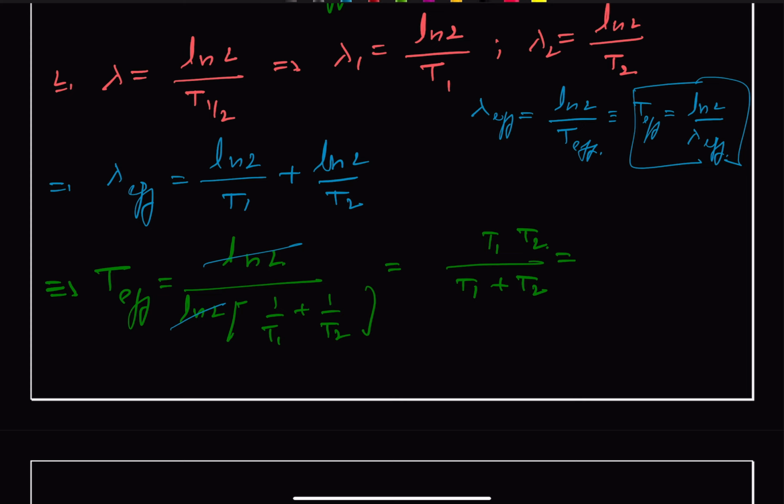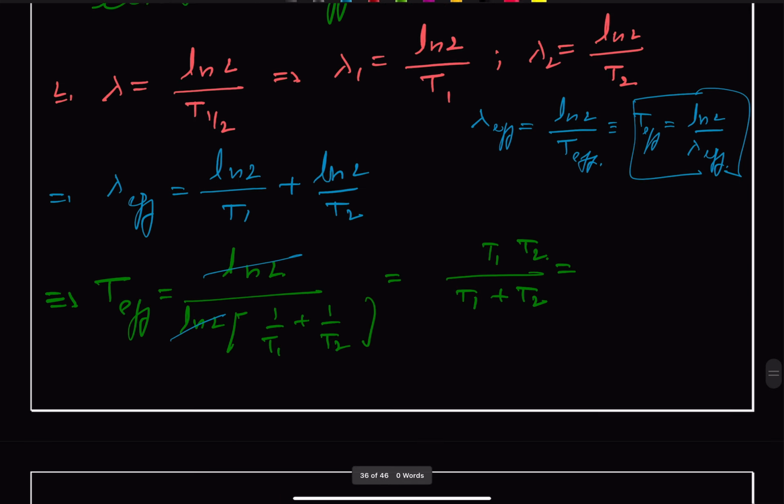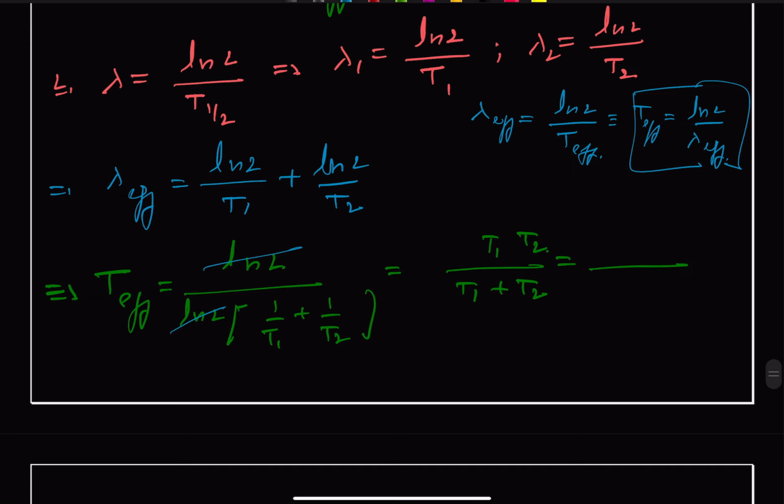So t1 was our 300 and t2 was 30, so this comes as 300 multiplied by 30 divided by 300 plus 30.